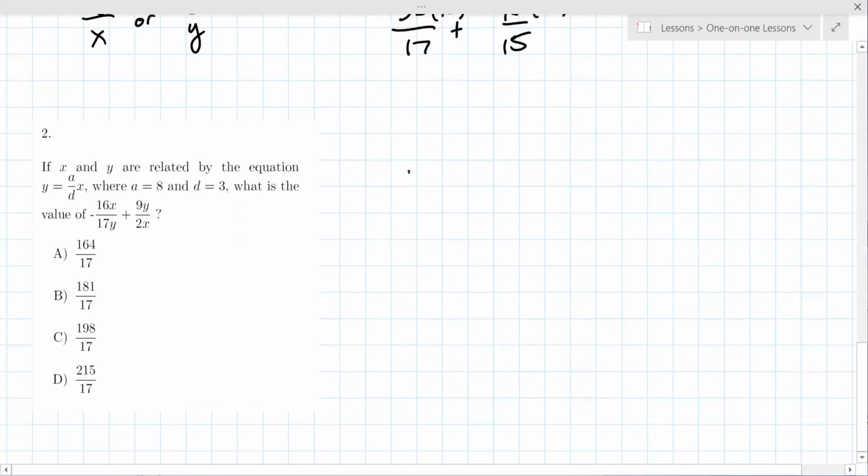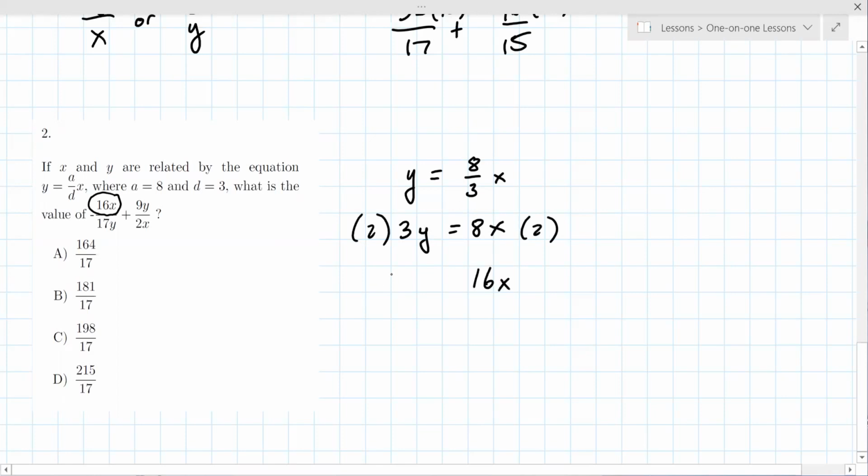So this is y equals 8 over 3x, and when you just clear the 3, you get 3y equals 8x. So if you see here, this is 16x. So what should you multiply both sides by to get to 16x? By 2.